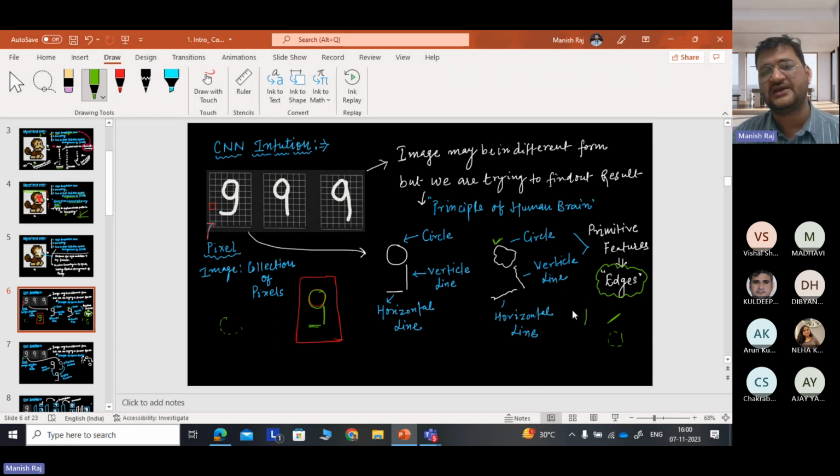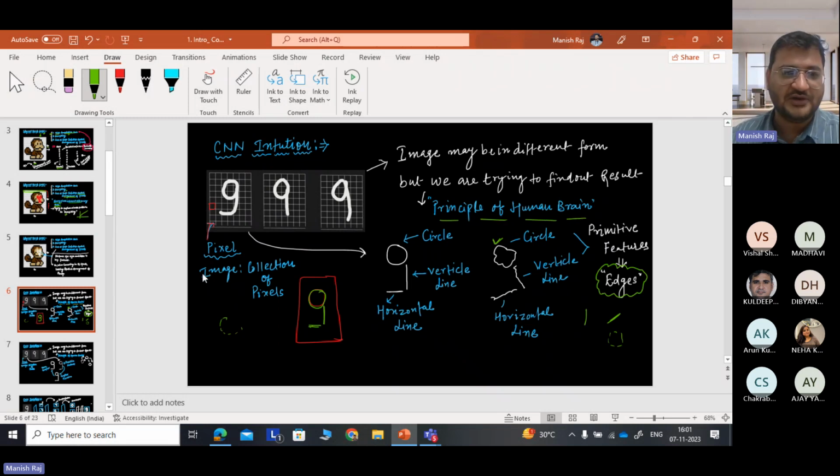So first the brain understands the primitive features. After that, some primitive features will club together and the structure will originate, and the brain understands what type of picture or what type of structure this is. Again, we are understanding that the computer will work the same as the human brain.